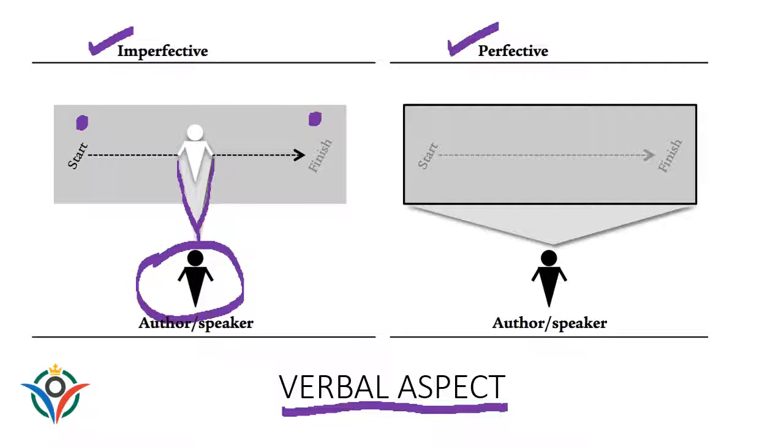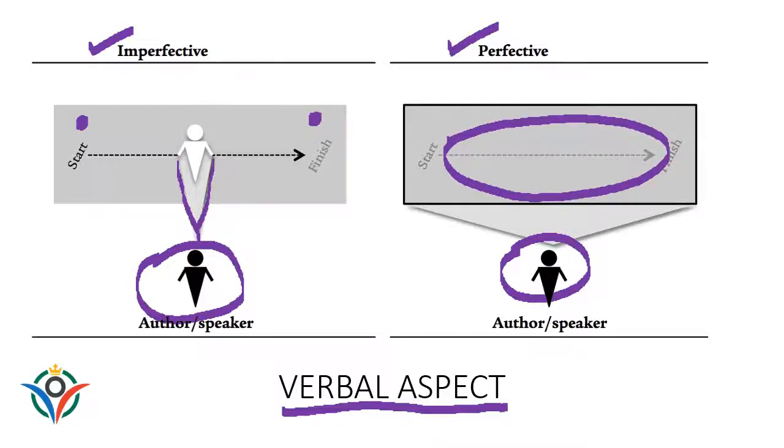So in this case, using the same action of jumping, the author or speaker would say something like, I jump or I jumped, where their perspective or viewpoint is simply describing the action of jumping as a whole, without reference to the beginning, middle, or end, as occurring or as having occurred without regard for how it happened. All right, and this is what we mean by perfective verbal aspect.